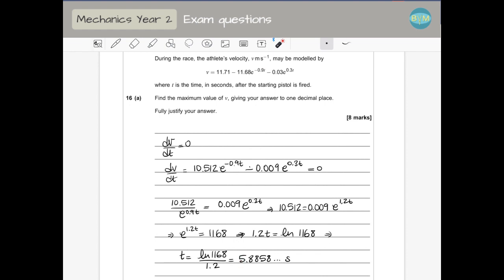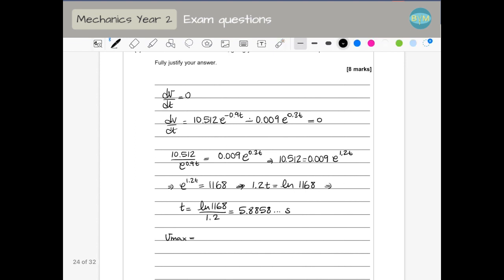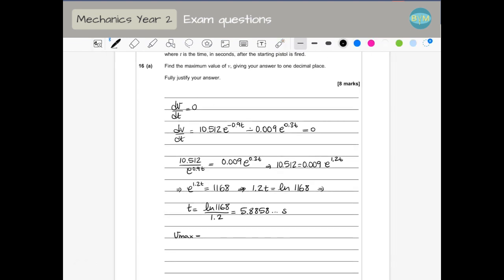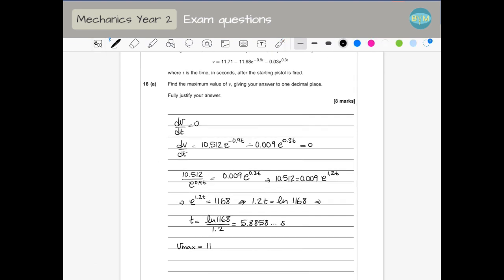when t is 5.88. So you put this value in the memory of the calculator, or just substitute it at once to get the most accurate value, and then you round at the end. So you will have 11.71 minus 11.68 e to the power of minus 0.9 times that value that I have there.